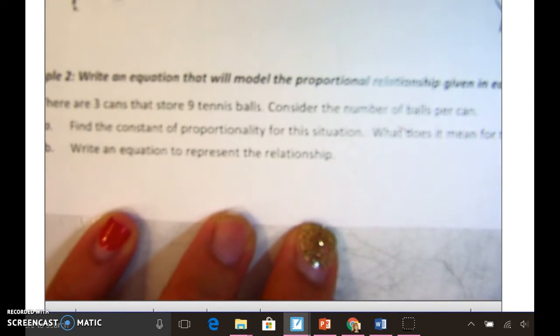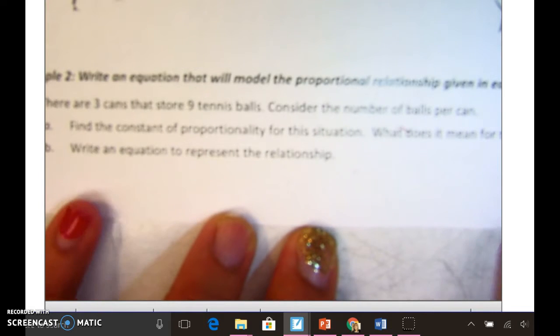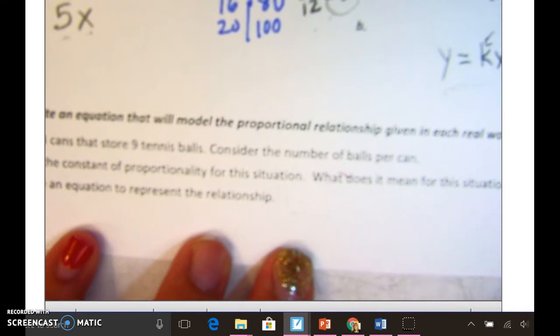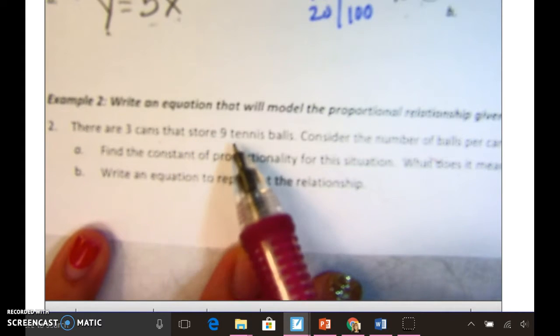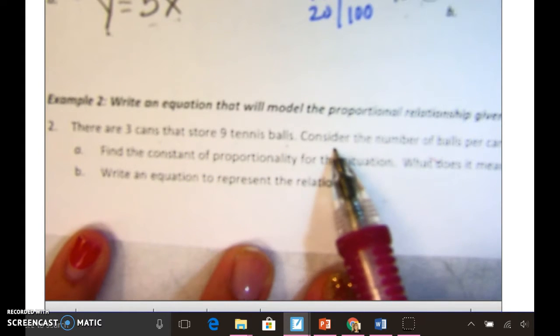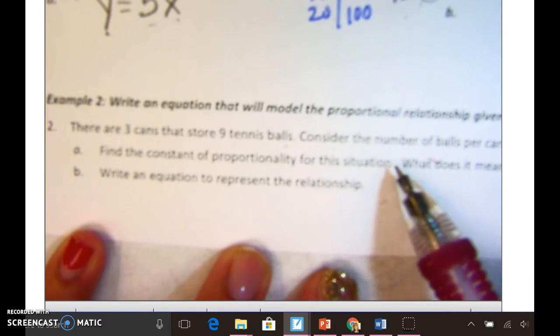Okay, so example 2. Write an equation that will model the proportional relationship given in each real-world situation. It says there are 3 cans that store 9 tennis balls. Consider, this means think, about the number of balls in each can.